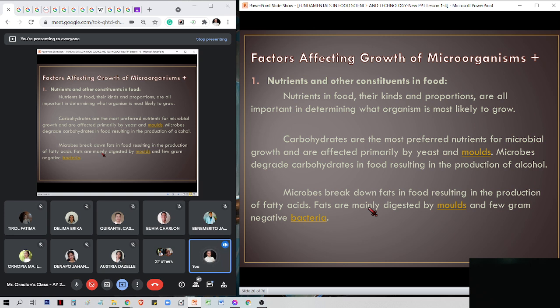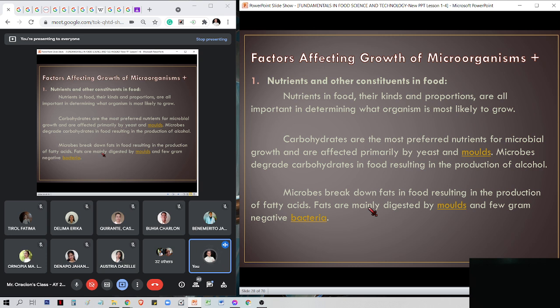Then in time, yeast is produced, and then molds are produced, and through the development of mold and yeast, the food will completely deteriorate and spoil. So the food is no longer useful.